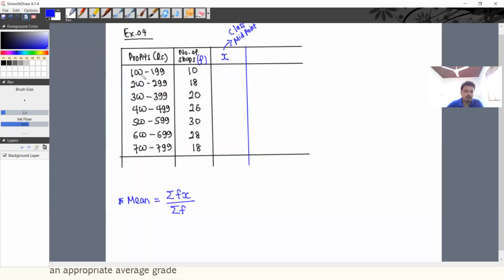So here 100 plus 199, that is 299. 299 divided by 2 is 149.5.